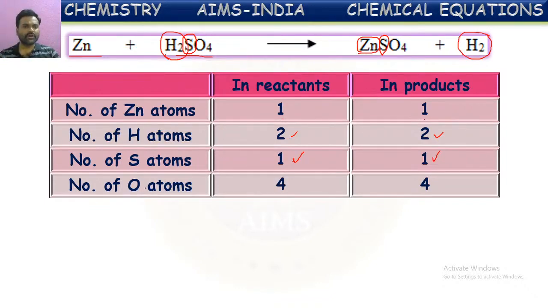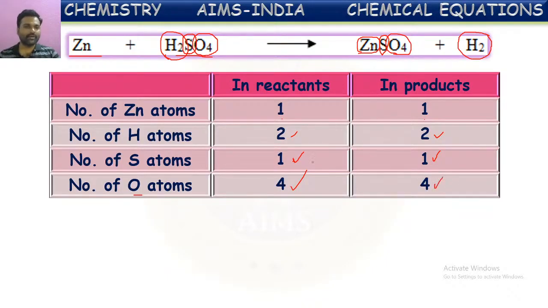Now if you observe oxygen atoms, they are there only in sulfuric acid on the reactant side, and there are 4 oxygen atoms in the H2SO4 molecule. On the product side, in the zinc sulfate molecule, there are 4 oxygen atoms on the right hand side also.